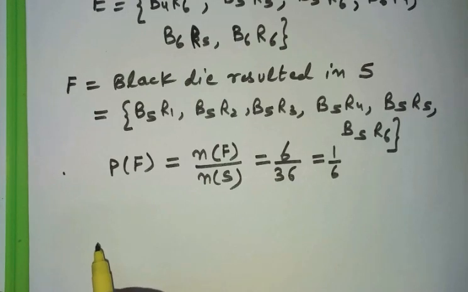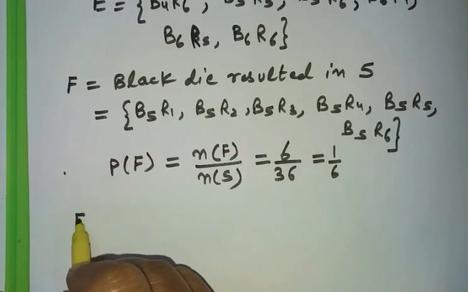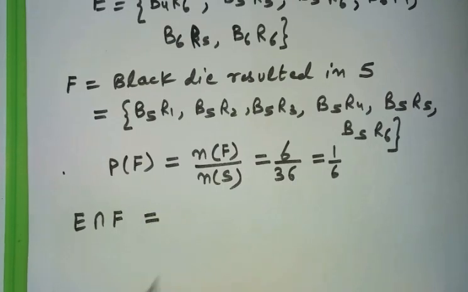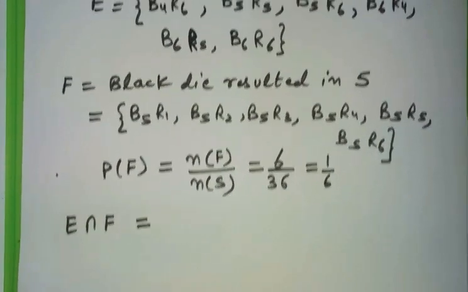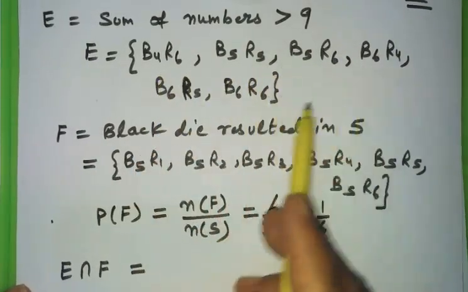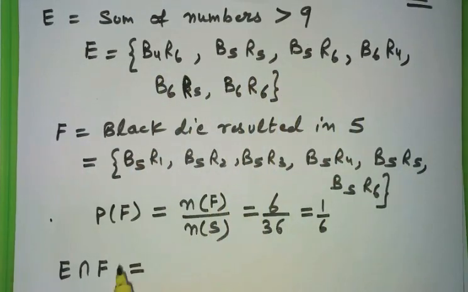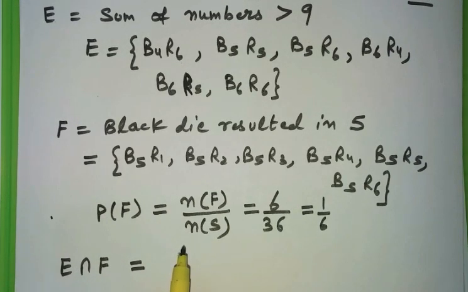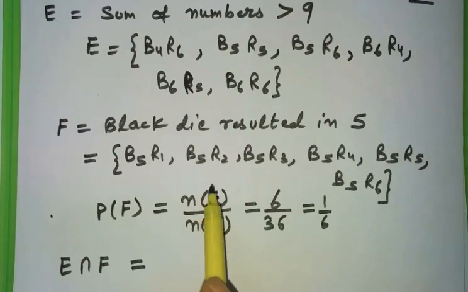Now since we have to find P(E|F), we need to find the set E intersection F also. So let us again see both the sets E and F. E contains these elements, F contains these elements. So what is common between the elements of E and F?